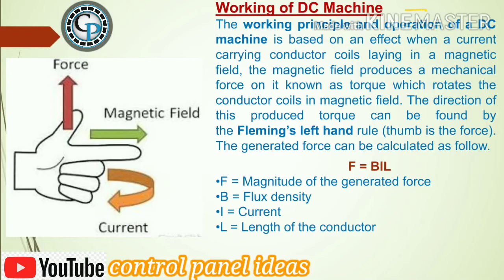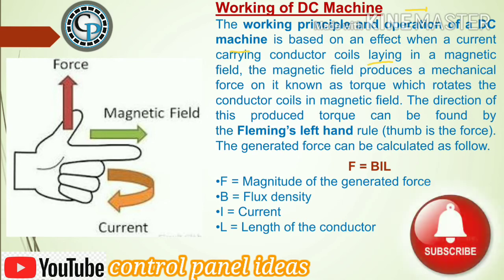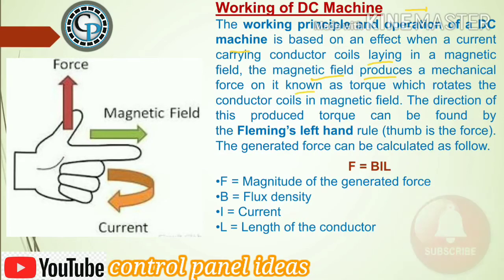Working of DC machine. The working principle and operation of a DC machine is based on the effect when a current carrying conductor coil is laid in a magnetic field. The magnetic field produces a mechanical force on it, known as torque, which rotates the conductor coil in the magnetic field.